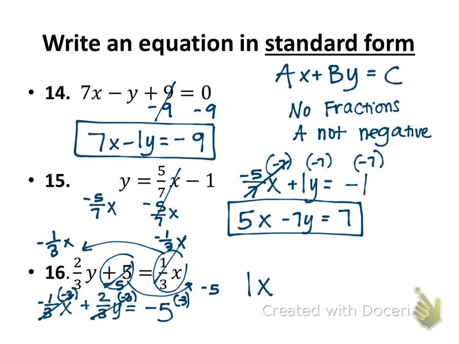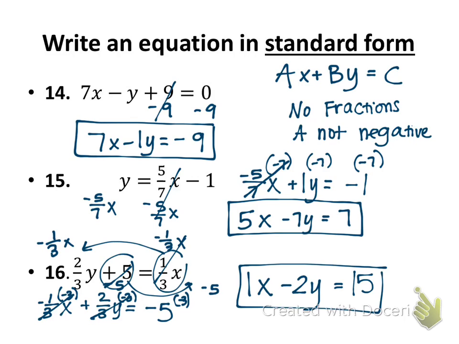Then the 3's cancel out, and I'm left with what type of y? Negative 2y. Here's what I saw yesterday on the quiz. A lot of people forgot about that negative sign with the 3. And then negative 3 times negative 5 is positive 15. So here's my equation in standard form.